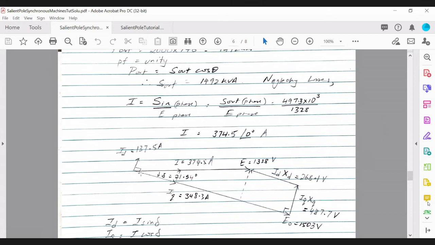As you can see, this is in motor mode where E naught lags the terminal voltage, and you will have two components, IQXQ and IDXD. So adding those two parts, you get the terminal voltage.